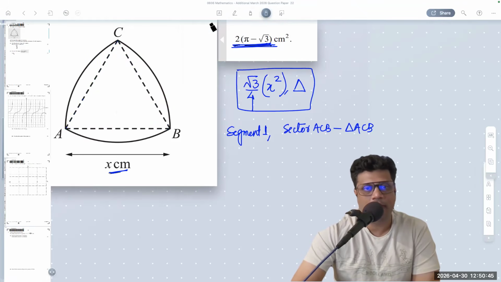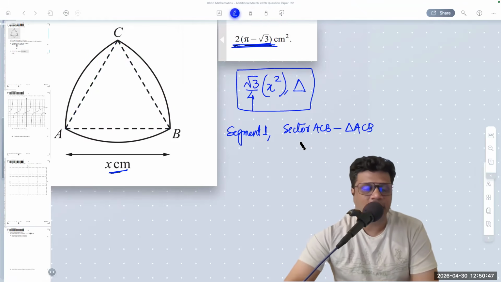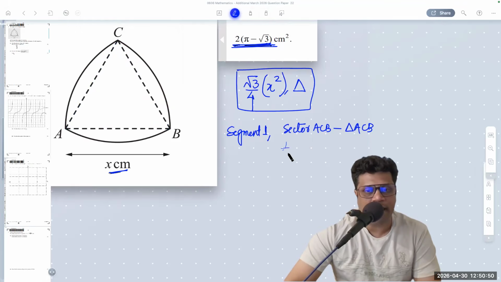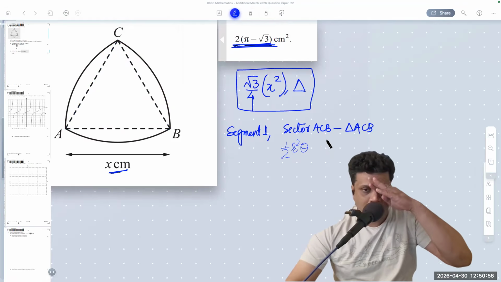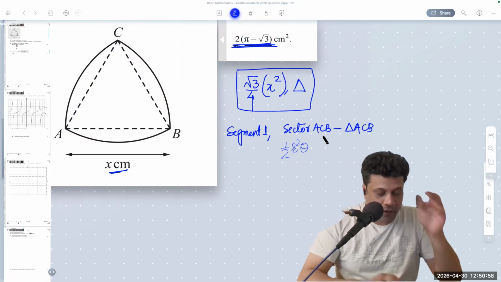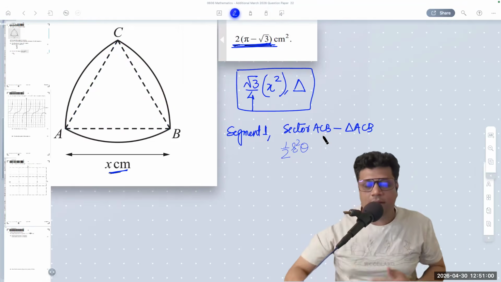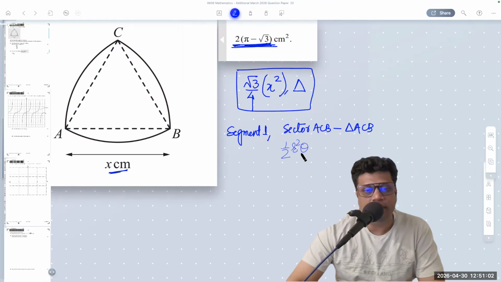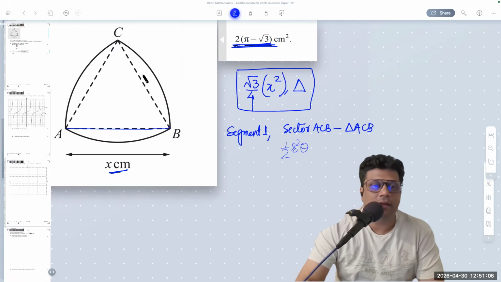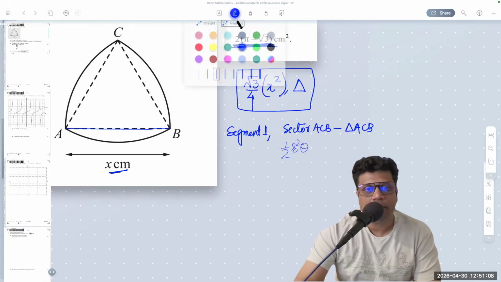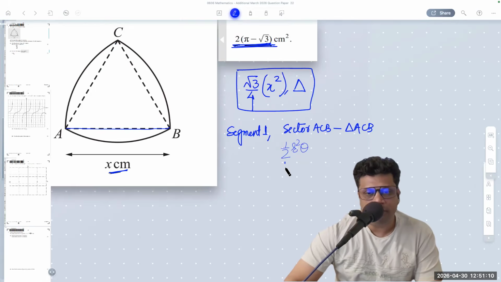Let's see. So area of the sector is going to be 1 by 2 r square theta. The radius of the sector is x. This sector has a radius of x. So I'm going to go 1 by 2 r square theta, pi by 3.